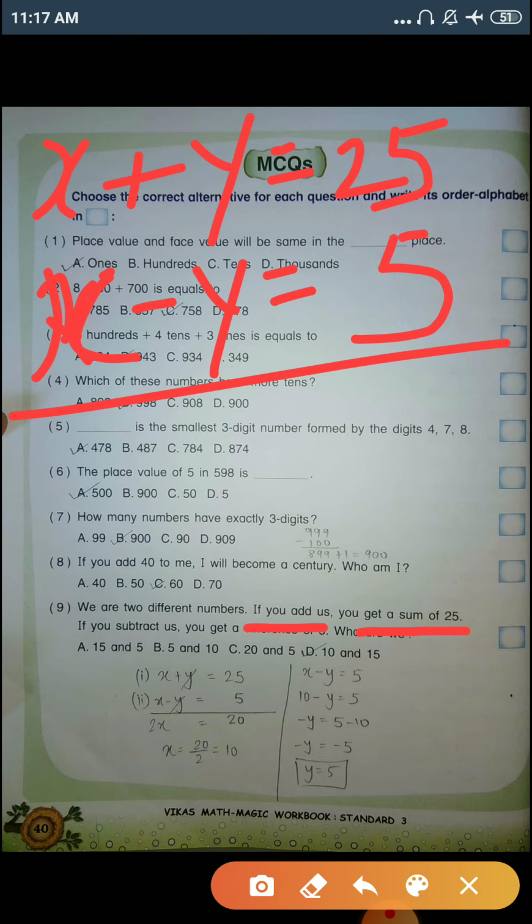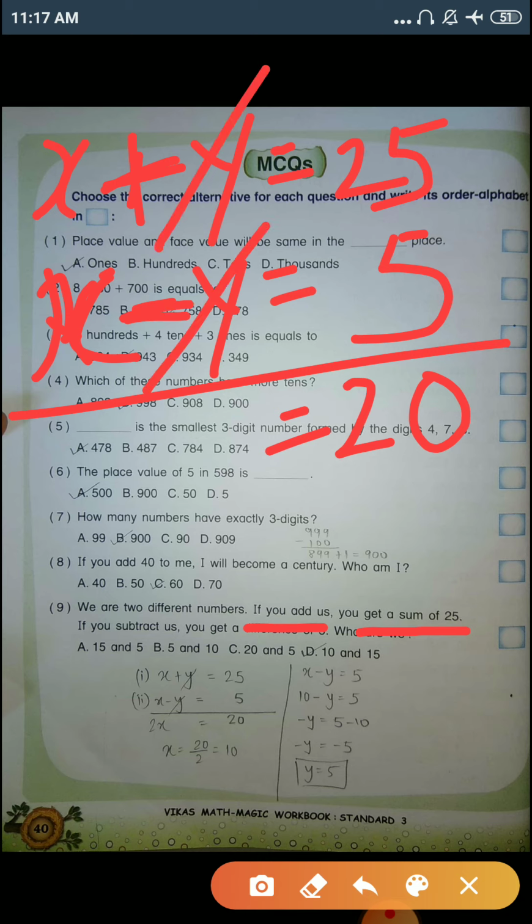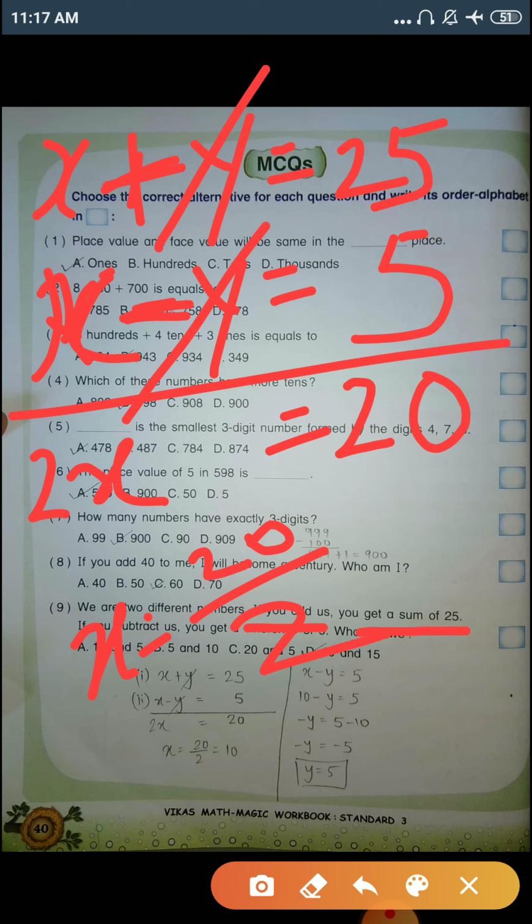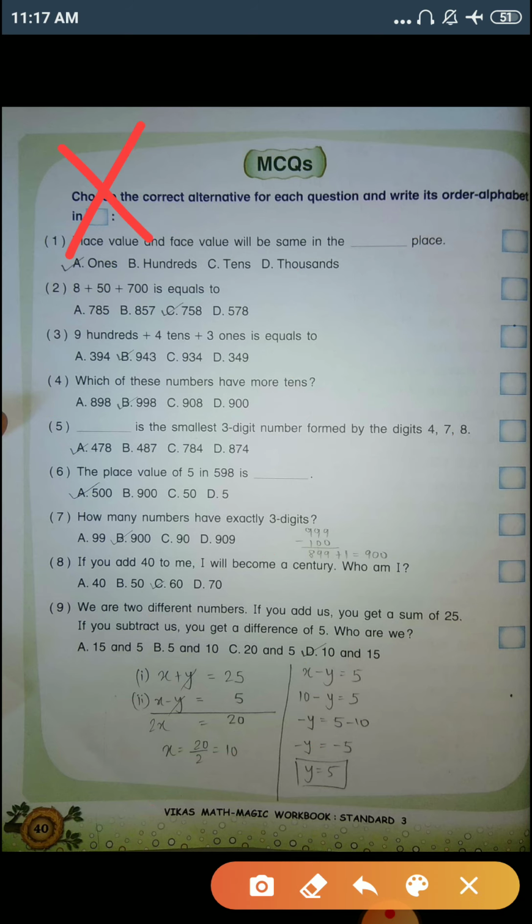So 25 plus 5, 30. Now one y is in addition form and the other y is in subtraction form, so they will cancel and x plus x will give you 2x. So x equals 30 divided by 2, which will give you 15. So the value of x is 15.